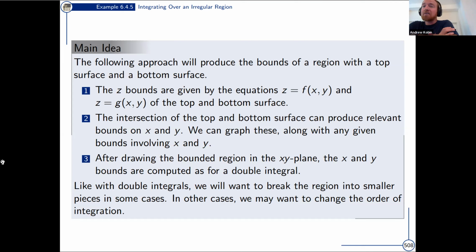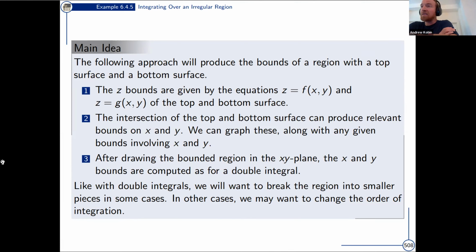Next, the intersections of those top and bottom surfaces can be used to produce relations on the x and y bounds. And in general, we can graph these by setting f and g equal to each other and getting equations of x and y, and graphing this as a curve in just xy space, or the xy plane. Any bounds that are given in terms of x and y separately from the intersections of these two surfaces can be used as well.